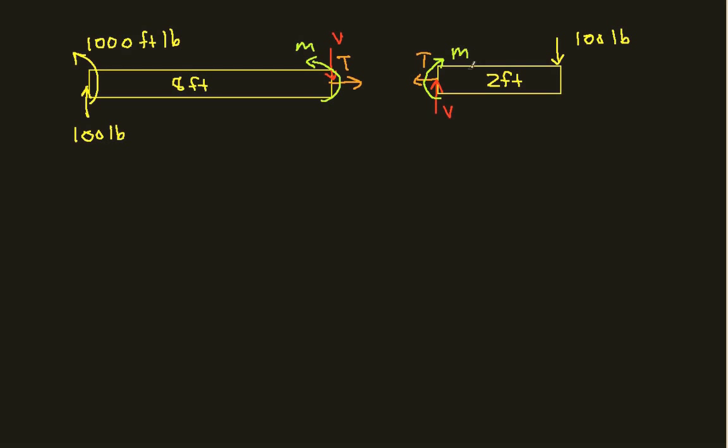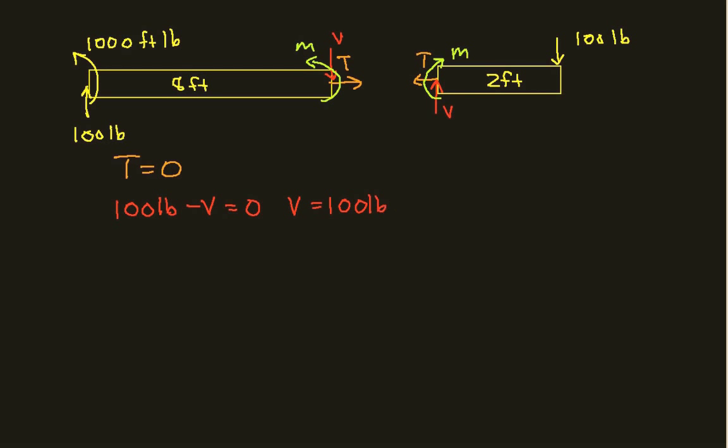Okay, so let's go ahead and find, using first this free body diagram, T, V, and M. Well, if we sum all of the forces in the x direction, the only force in the x direction is T, so that says T has to be equal to 0. If we sum the forces in the y direction, we have 100 pounds minus V is equal to 0, which says that V is equal to 100 pounds.